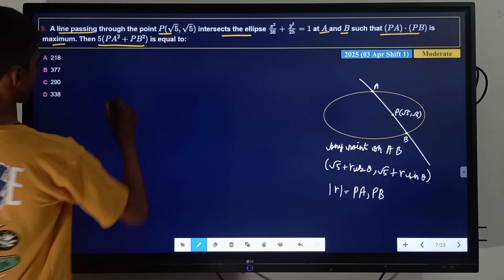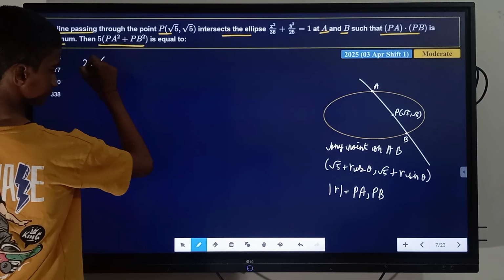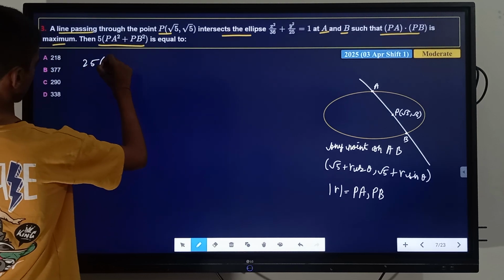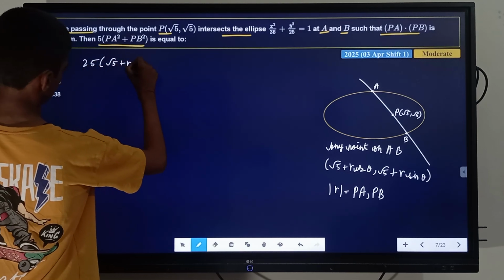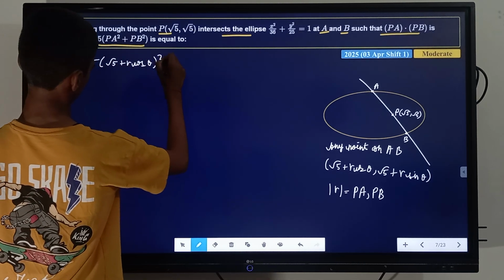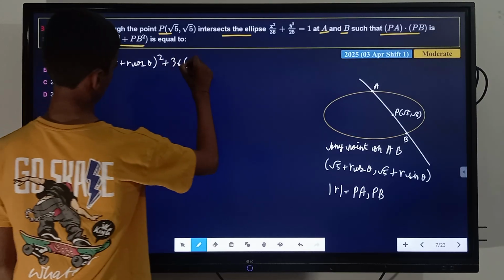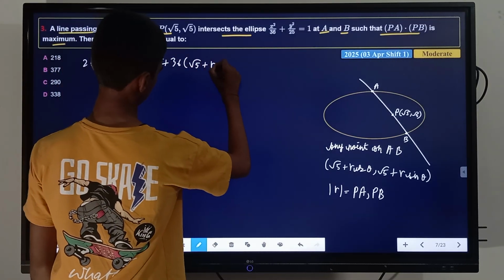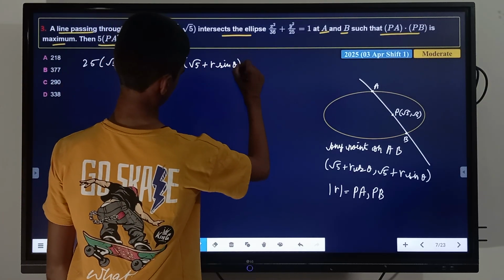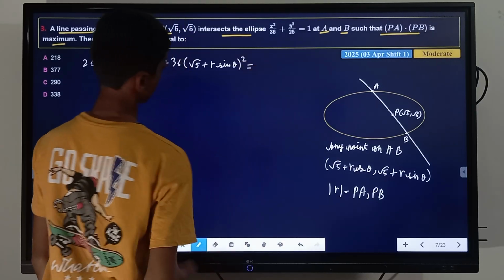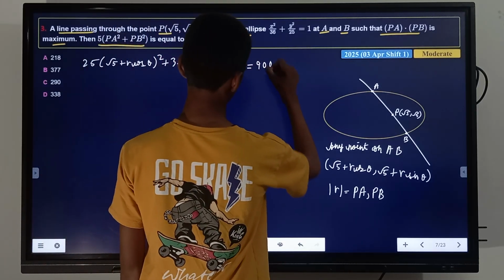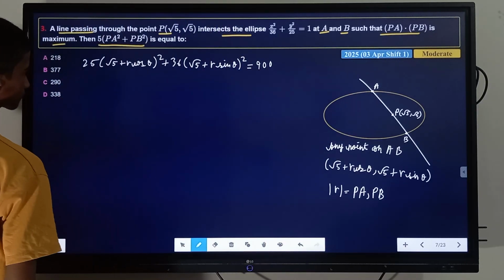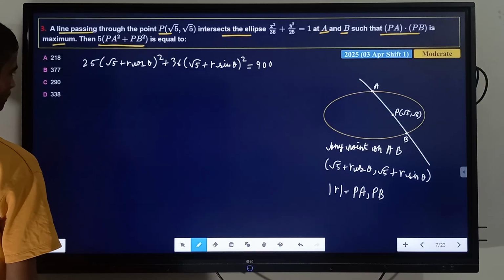We will get 25 (root 5 plus r cos theta) square plus 36 (root 5 plus r sin theta) square is equal to 25 into 36, 900.